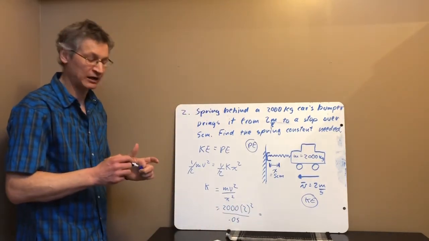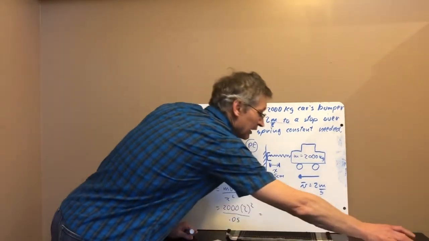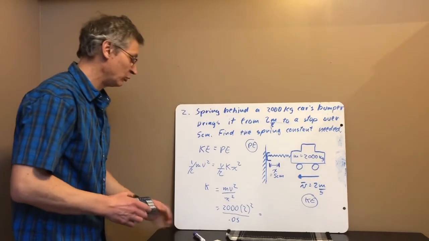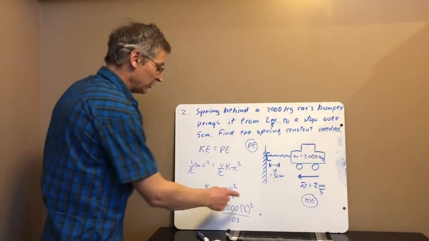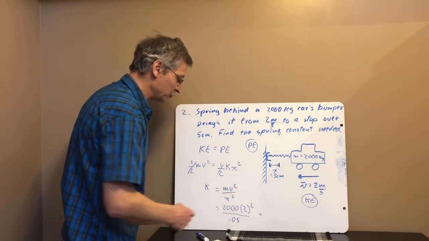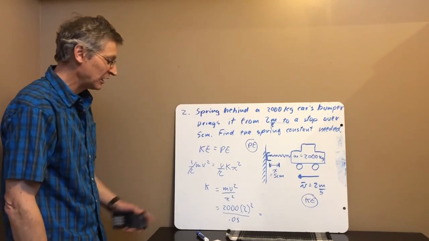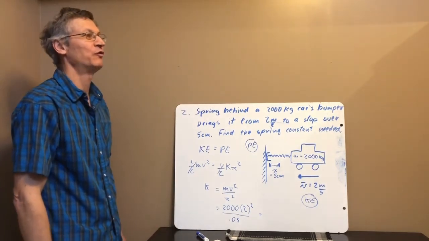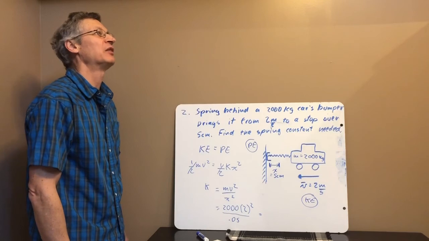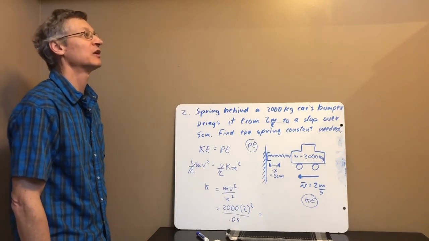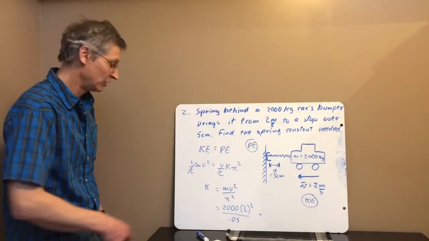And you do that calculation, and let's see what you get. 2 squared is 4, 4 times 2,000 is 8,000. 8,000 divided by 0.05, that's like 8,000 divided by a 20th. That's like 8,000 times 20.